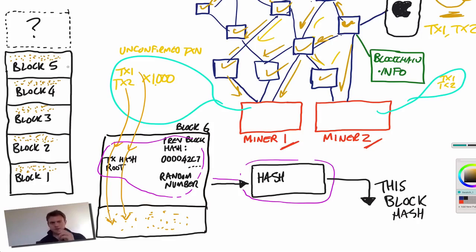And so fundamental to the whole blockchain concept is that each block has a hash string associated with it, which uniquely signs that block. So if anything ever changes inside that block and it's rehashed, the hash will be completely different, right?